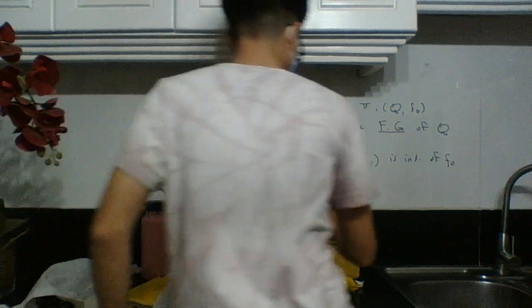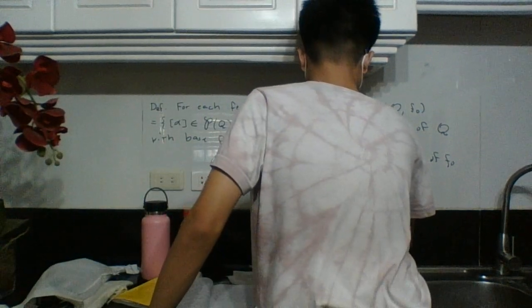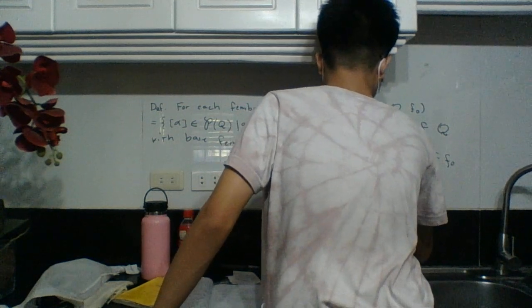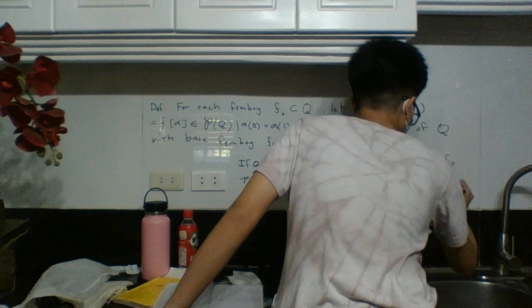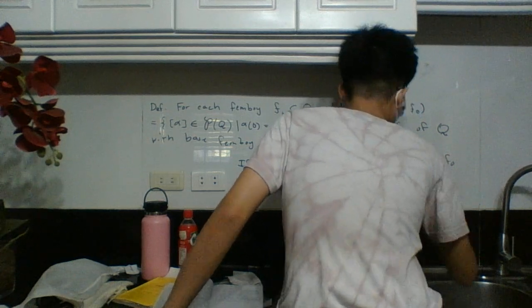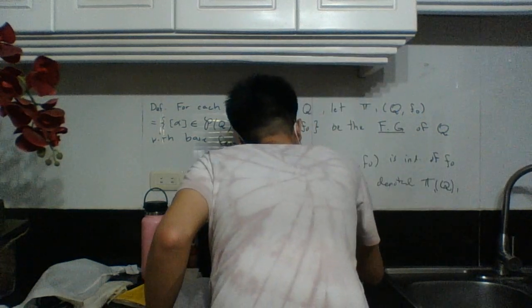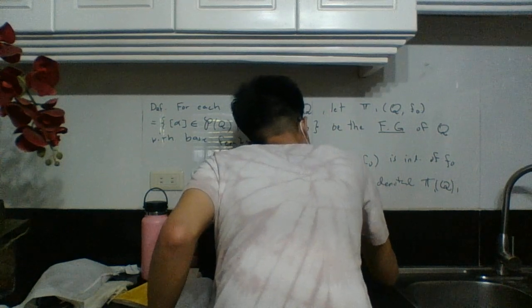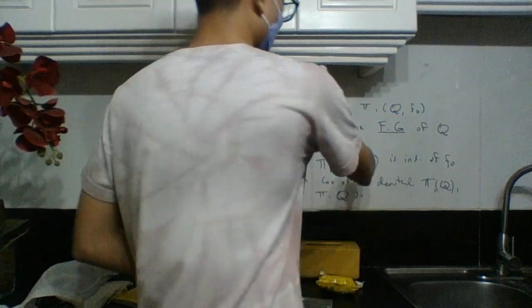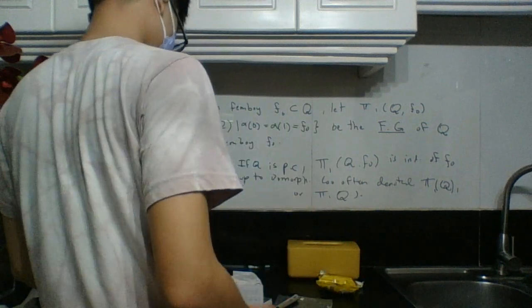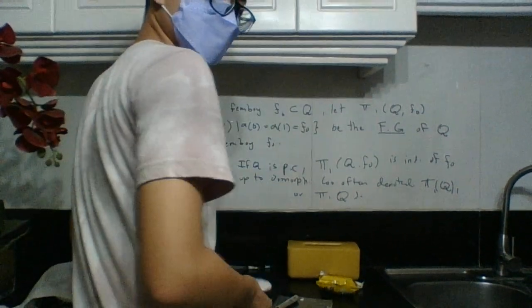And it is often denoted just pi 1 of Q, or pi 1 Q. So just concatenate pi 1 and then Q together, or remove that base point if Q is path connected and thus independent of the base point. So that's that.